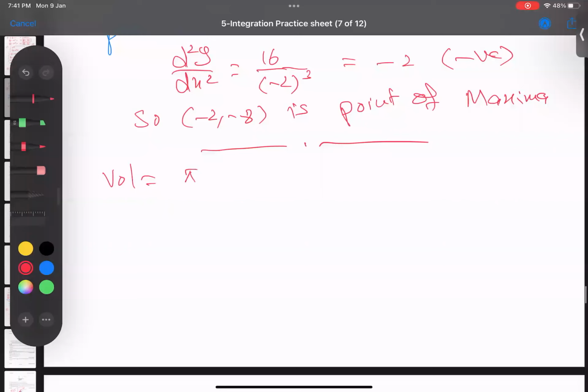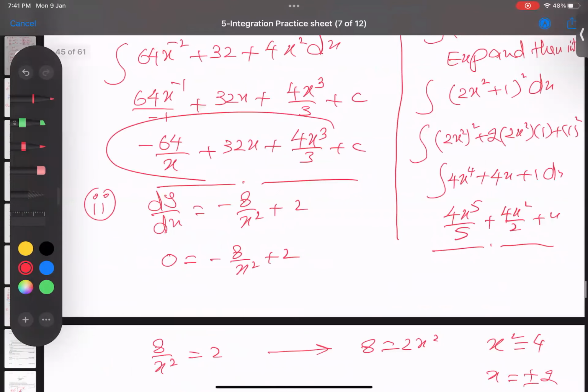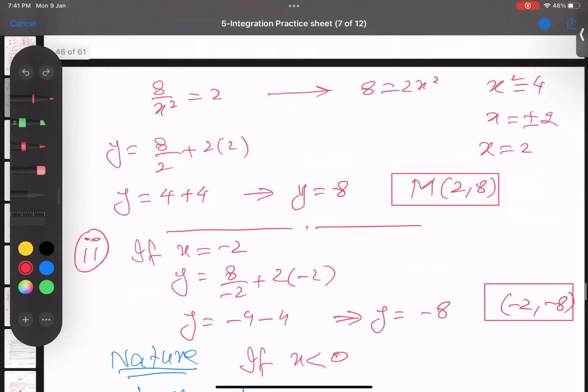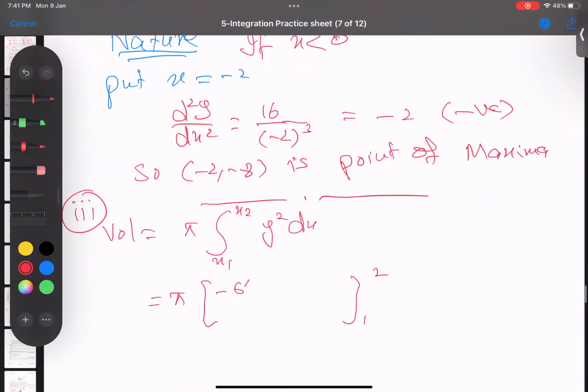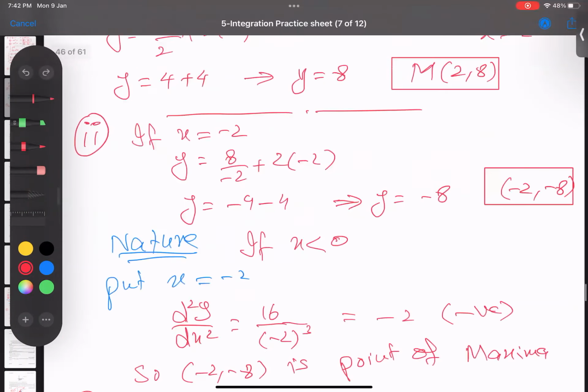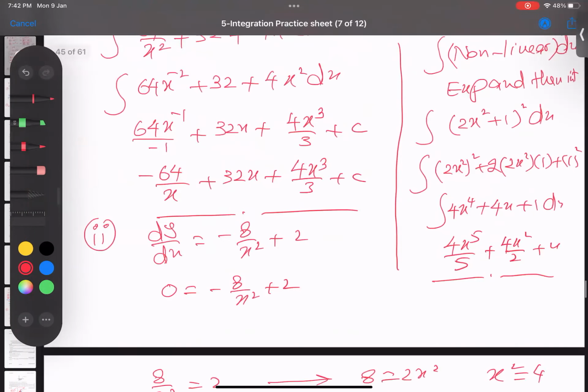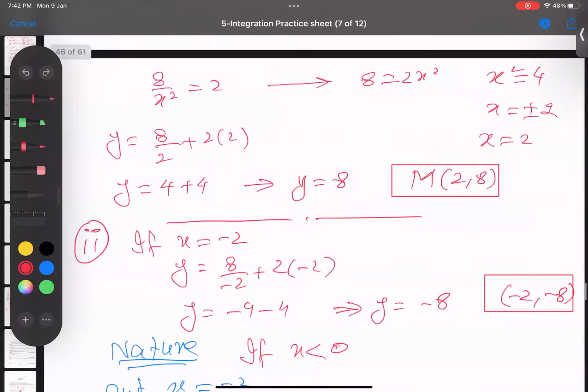The basic formula for part number 3 is the integral from x1 to x2 of y square dx. So I'm copying it here, and here I'm using limits 1 to 2, but I will use this equation: negative 64 over x, and then plus 32x, and then plus 4 x cubed by 3.